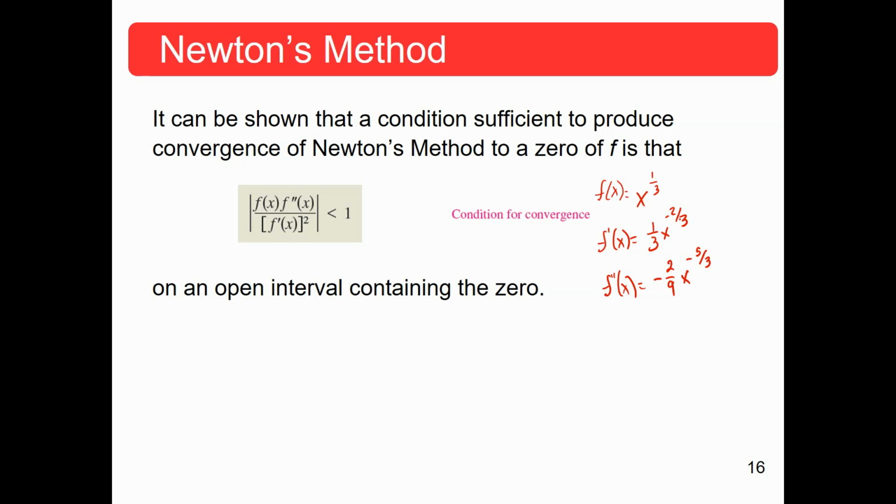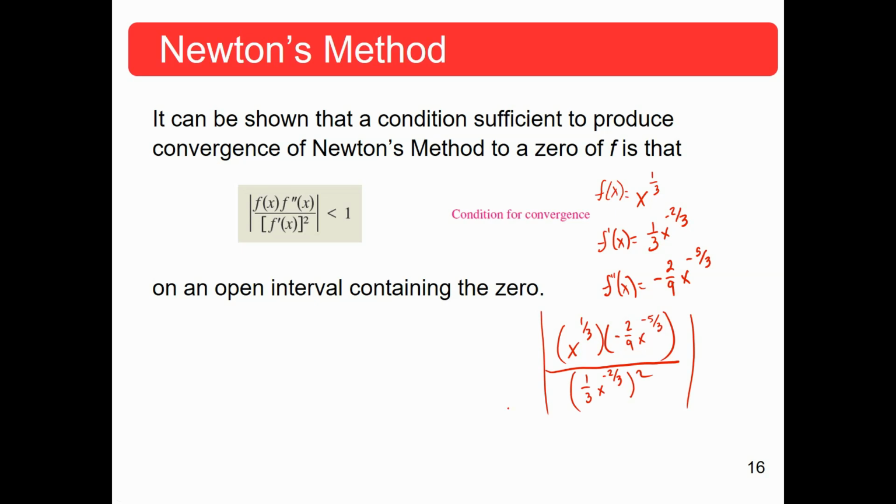So all I did was multiply negative 2/3 times 1/3, and then subtract 3/3, we get negative 5/3. So if we plug that in over here, x to the 1/3 times negative 2/9 x to the negative 5/3 divided by 1/3 x to the negative 2/3, squared, absolute value.